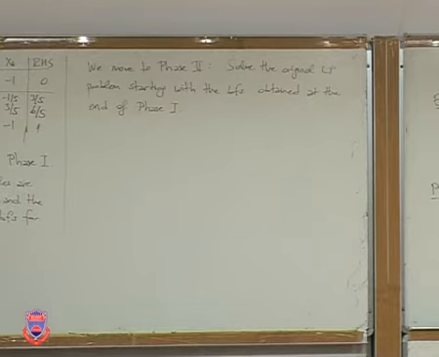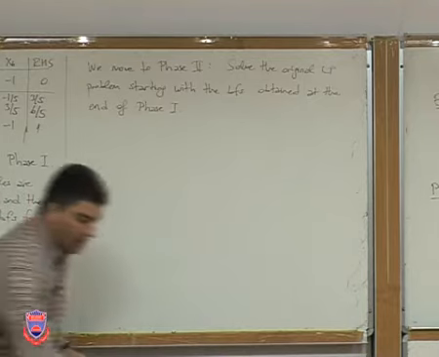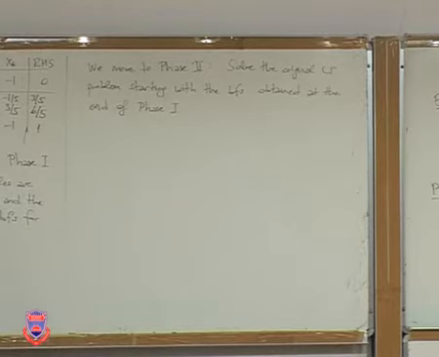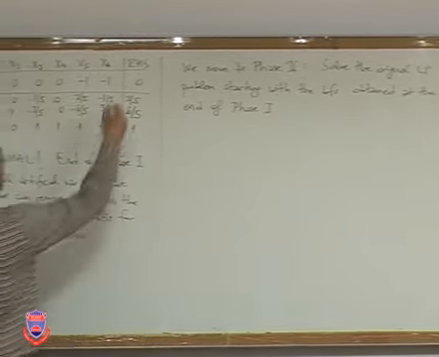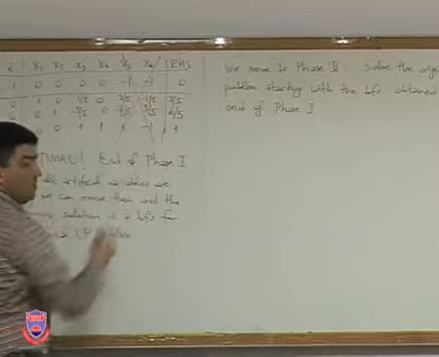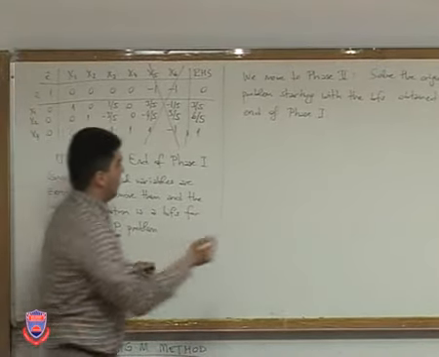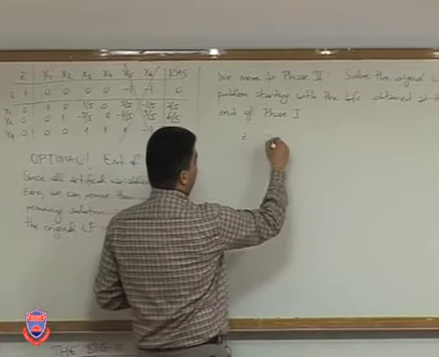So how are we going to do that? Well, that's pretty easy actually. Once you have the final tableau from phase 1, we don't need these two columns anymore. These are artificial variables, and we can simply get rid of them. As a result, I'm going to continue with only the original variables.